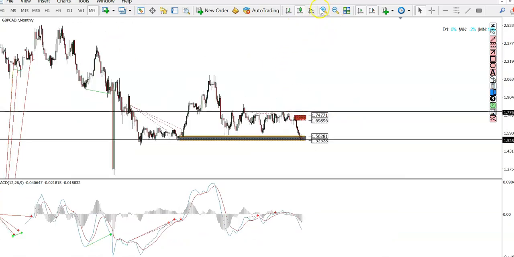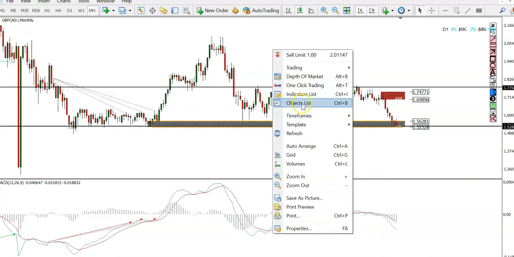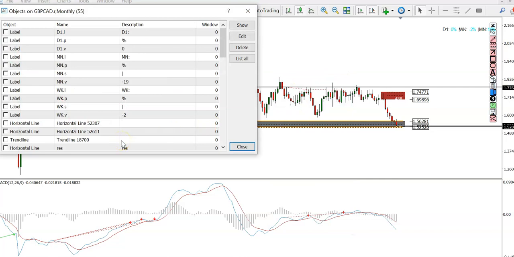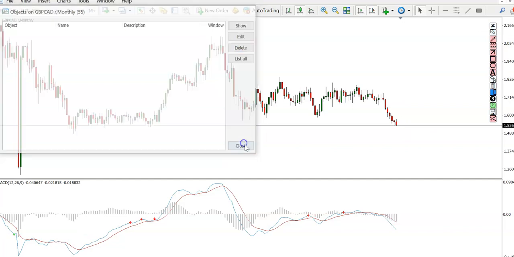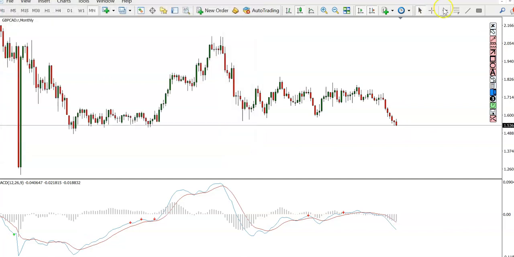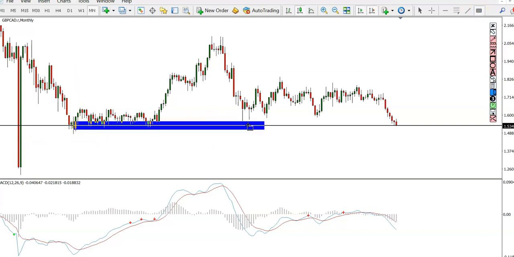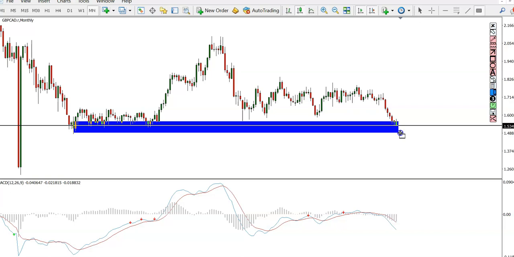Again, I'll just remove all these objects to show you what I mean. We look here, we're at this monthly support area now, well into this monthly zone here. You can actually draw it all the way across here. We're well into it on the monthly charts.